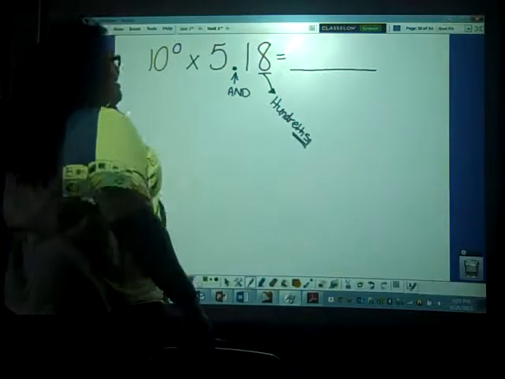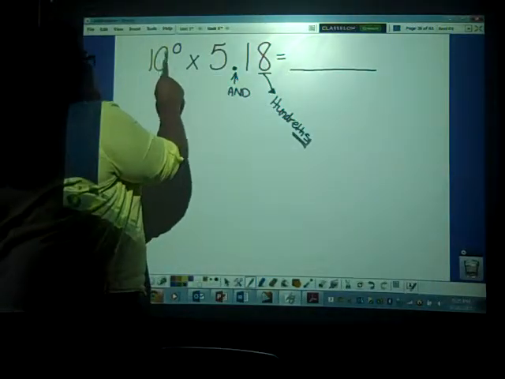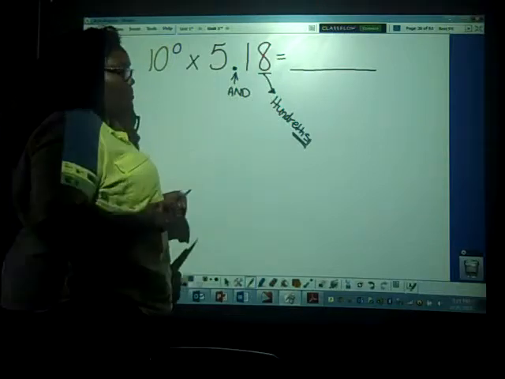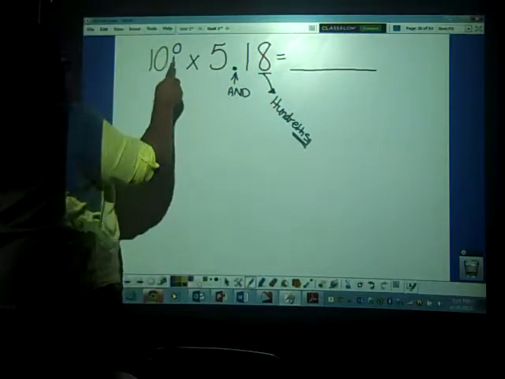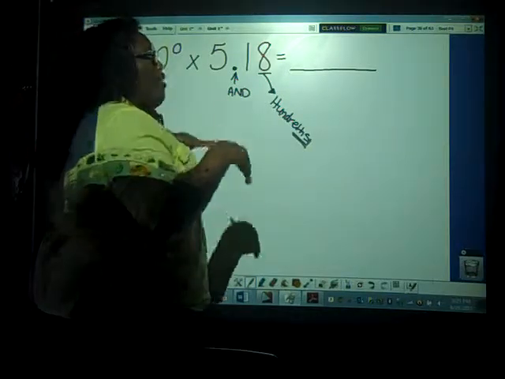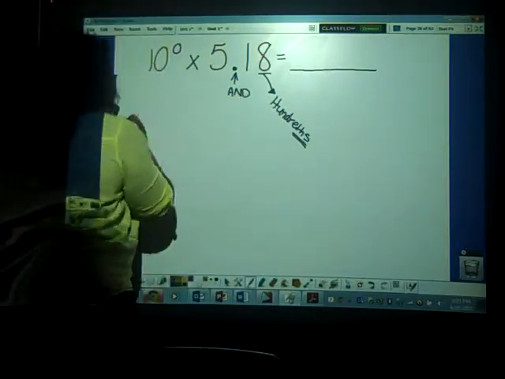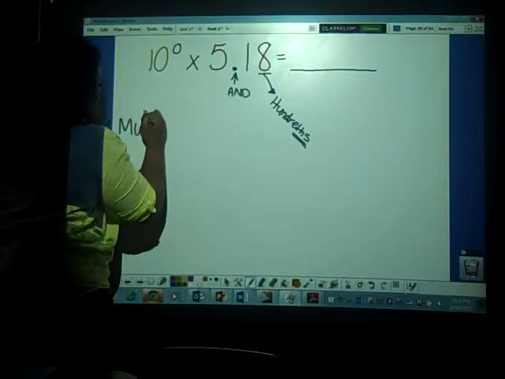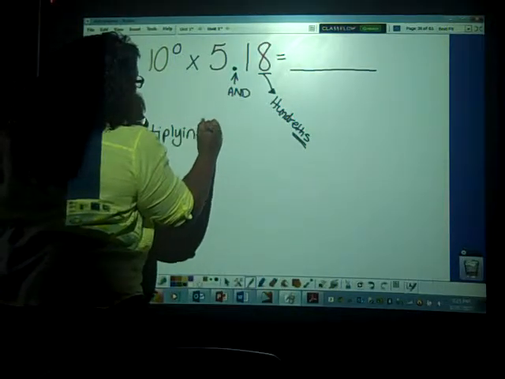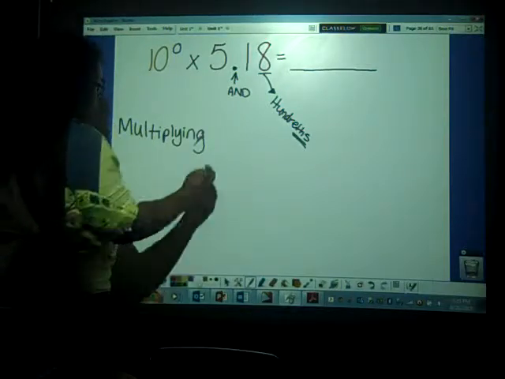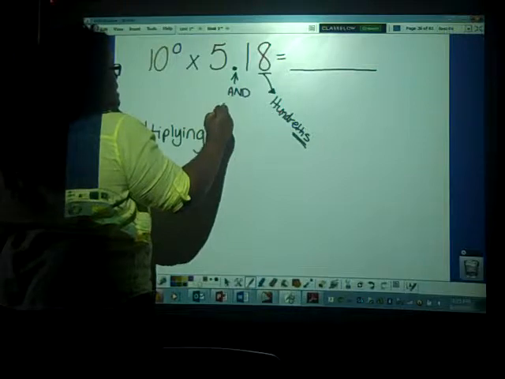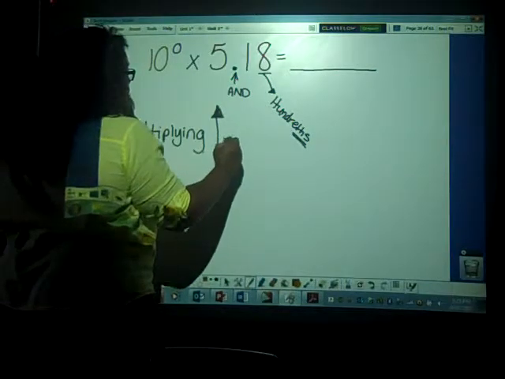So we have 10 to the 0 power times 5 and 18 hundredths. Now, because it has an exponent of 0 and we're multiplying, remember, anytime you're multiplying, your value is always going to increase.